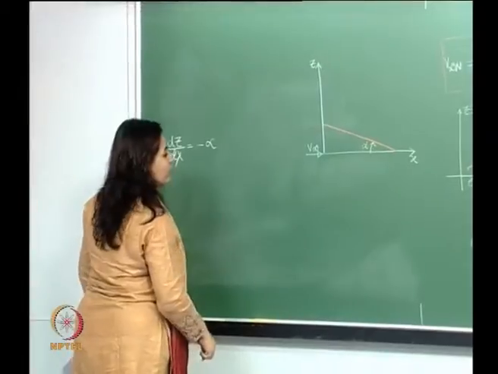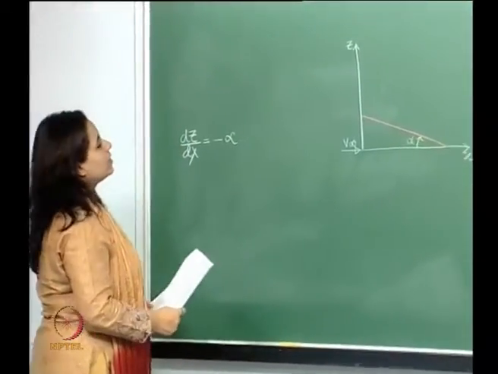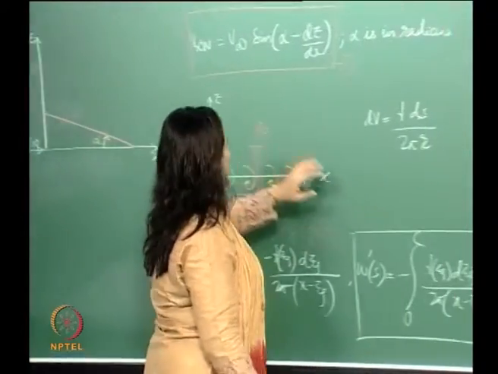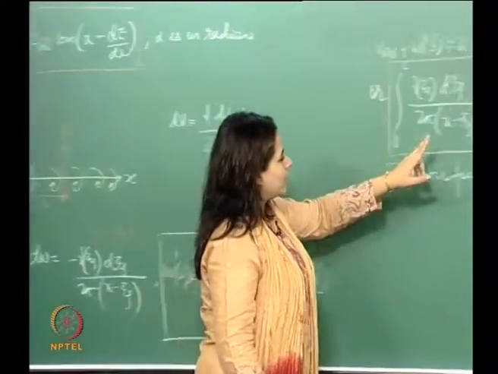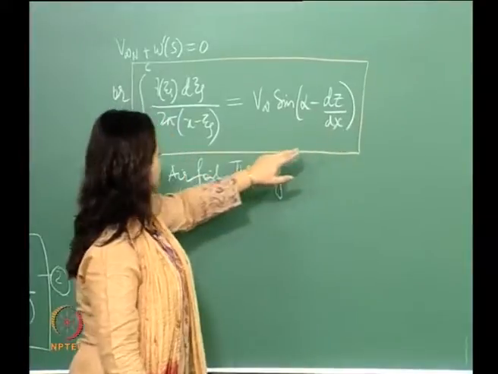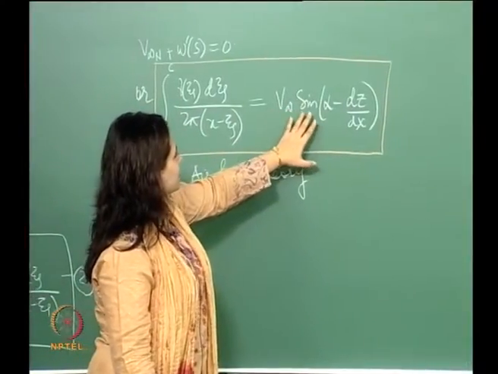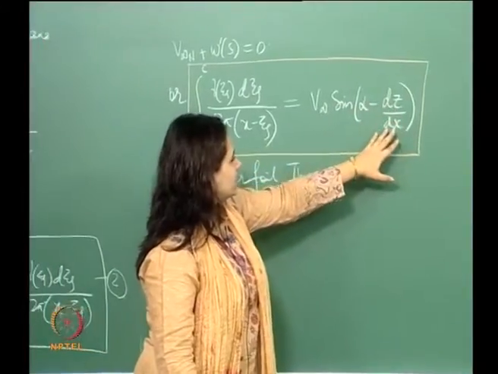Therefore, the right hand side, if you look at this, is from the thin airfoil theory. This is the right hand side of this equation, the thin airfoil theory, which is V infinity sine of alpha minus dz dx.